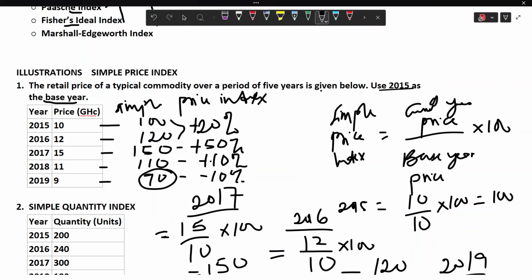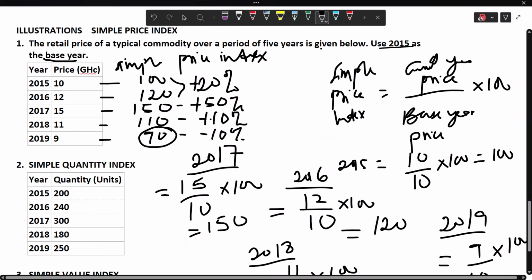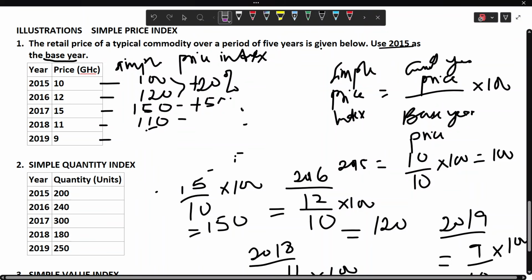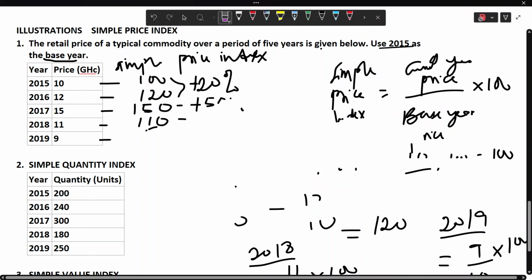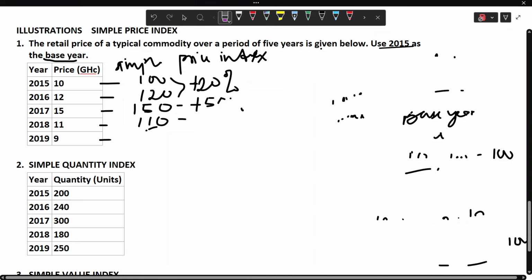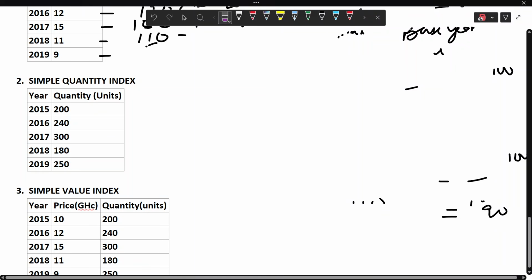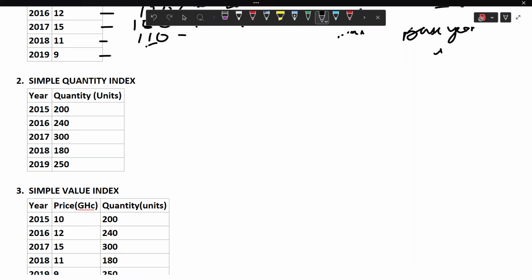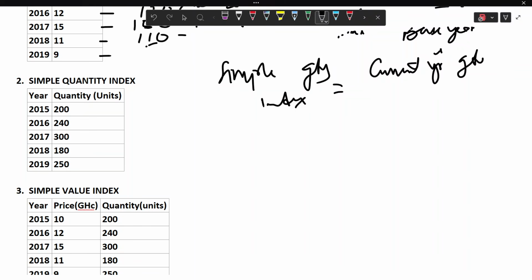All right, now let's come to the simple quantity index. For the simple quantity index, the same idea as the one we just solved, it is given by the current year or current period quantity divided by the base year quantity times 100.